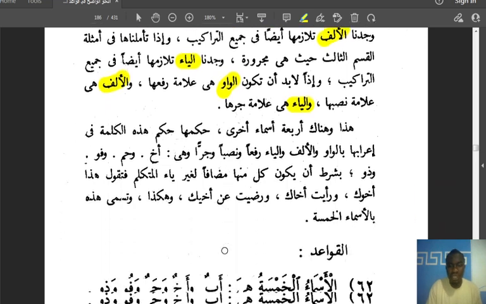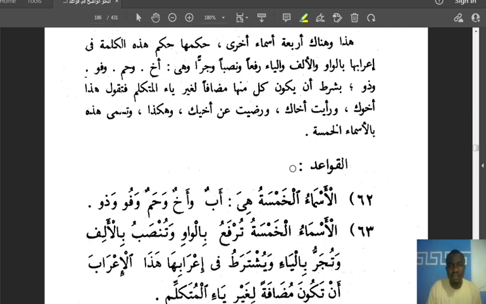Okay, and he says here, this that you've just read, وهناك أربعة أسماء أخرى, and there are four other nouns, because what we said is the topic al-asma'ul khamsa, and they use just one of the asma'ul khamsa to serve as the example, because they all behave the same way.